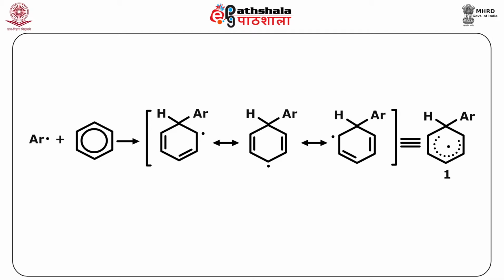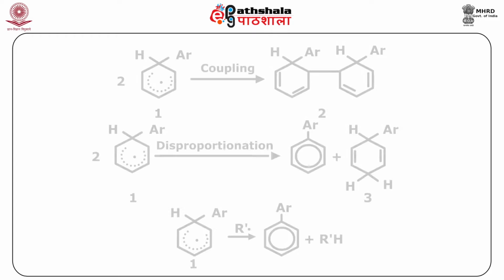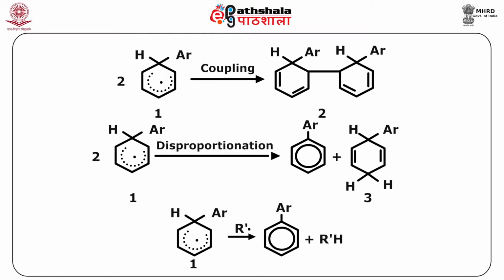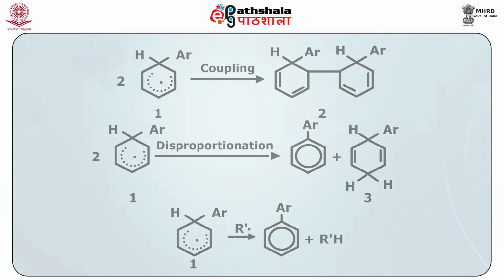The radical formed is resonance stabilized, as can be seen from the resonating structures shown in the given figure. The radical can undergo coupling to give the first product, or may undergo disproportionation to give the second product, or can undergo the removal of a hydrogen free radical to form a biaryl.